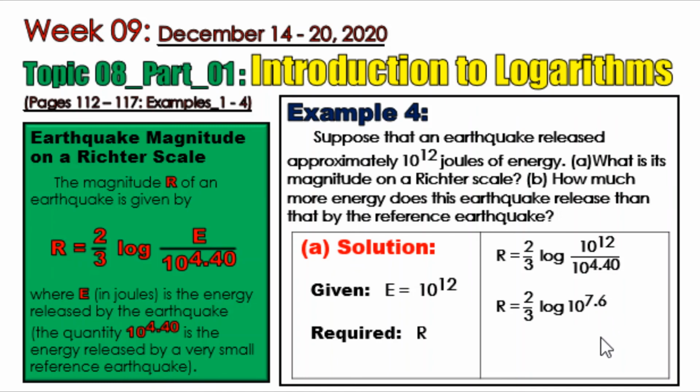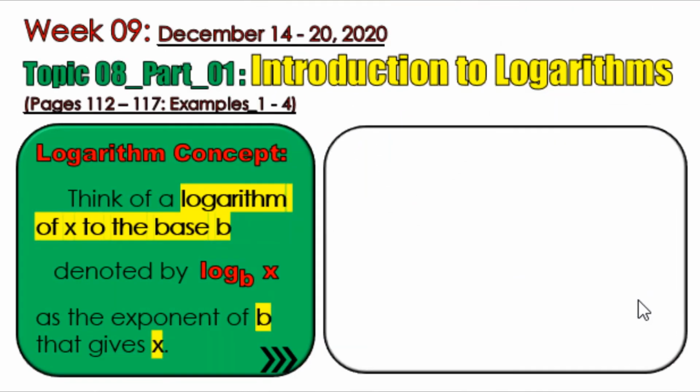In this case, this is a common logarithm, which means that the base is 10. If you can still remember our definition of logarithm, the logarithm of x to the base b is the exponent of b that gives x.